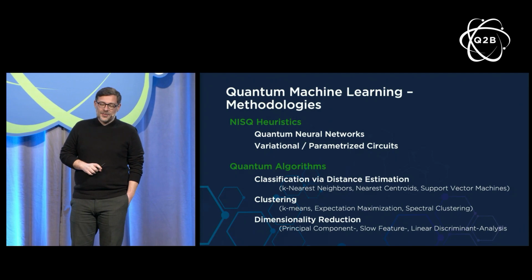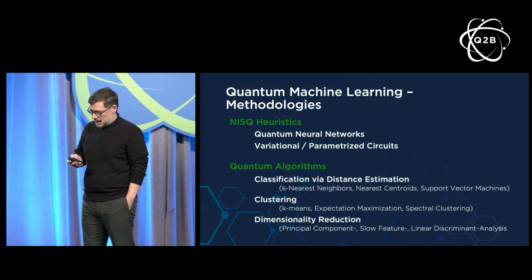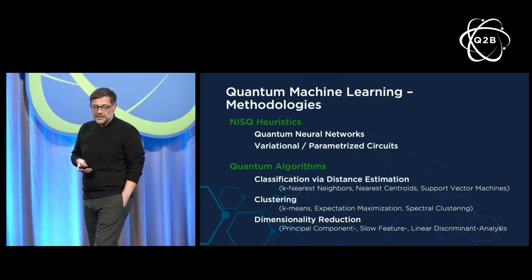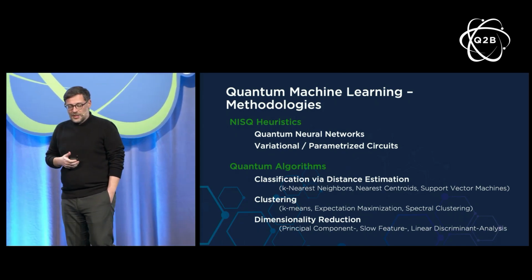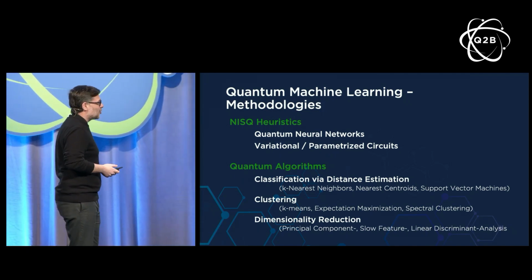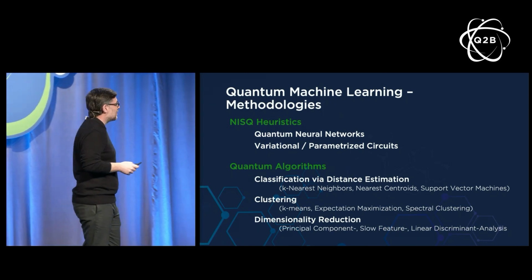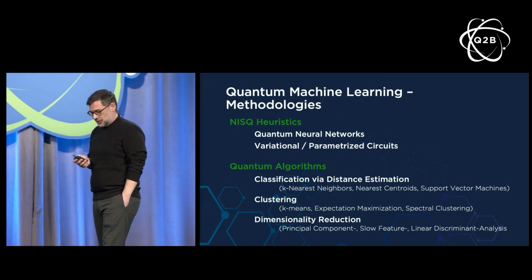And these are algorithms that can provably do some things faster than classical algorithms. And some of the things that they can do faster have to do with classification, or with clustering, or with dimensionality reduction. These are kind of what people traditionally use in classical machine learning. And we will be discussing both of these topics.